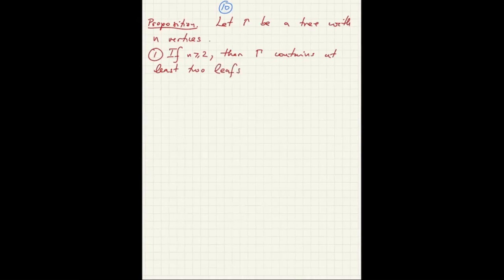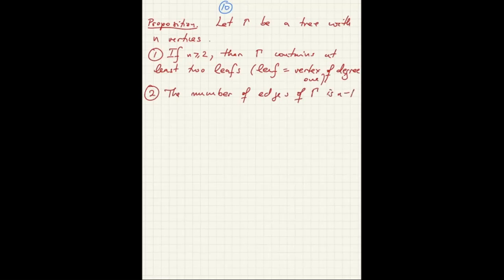What are leaves? A leaf is a vertex of degree 1. And 2, the number of edges of gamma is n minus 1.